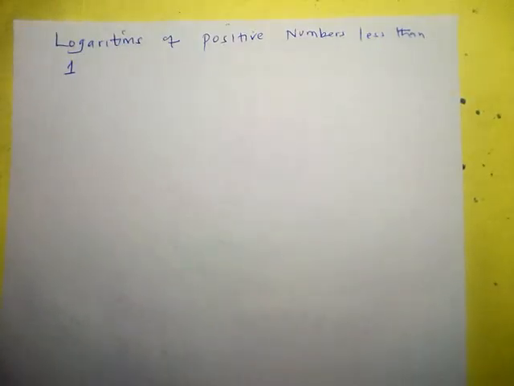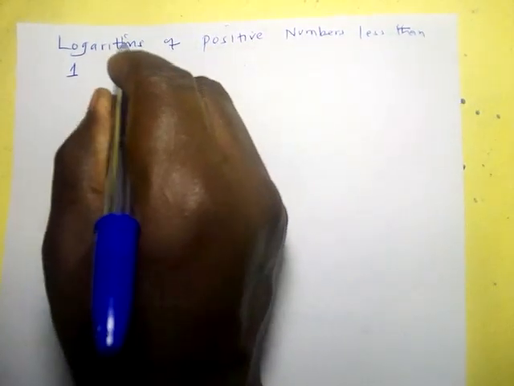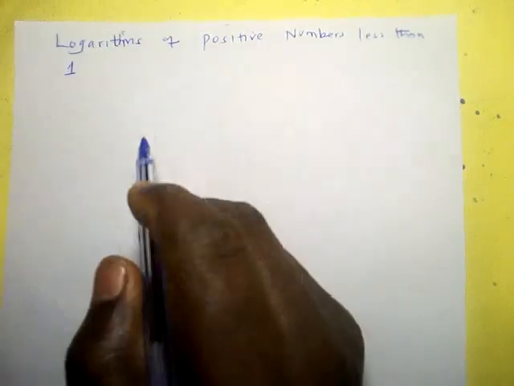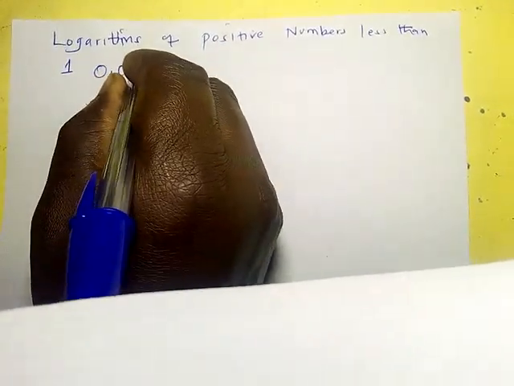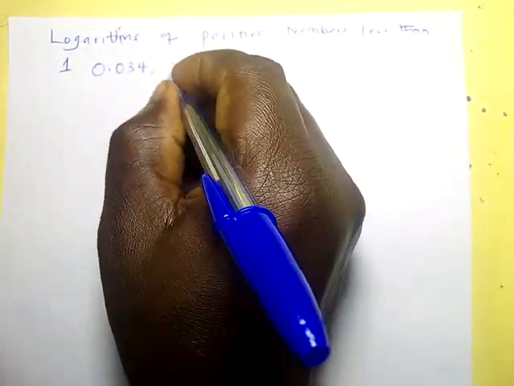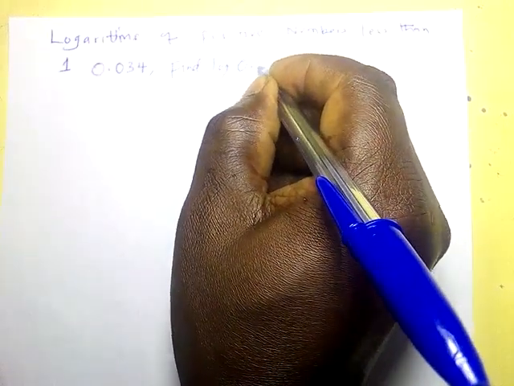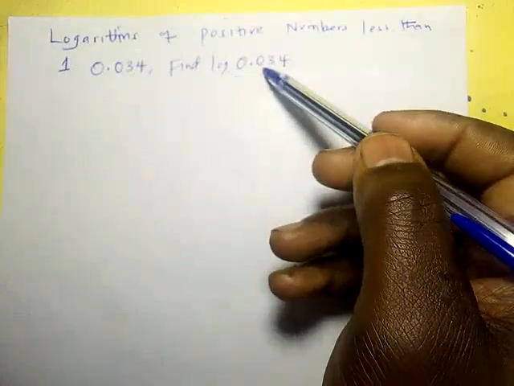Now, what about numbers? How do we get the logarithms of numbers which are less than 1? For example, 0.034. How can you get the log of this? So, for example, find the log of 0.034. How do you get a log of a number that is less than 1?